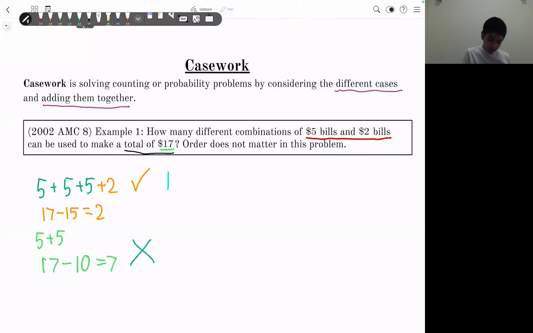Now, what about the case when there's only 1 $5 bill? Then you're left with $12, because we have a total of $17, and we must subtract the $5 we already have. So how many ways are there to make $12 with $2 bills? Since 12 divided by 2 is 6, 6 $2 bills will make the total 17.